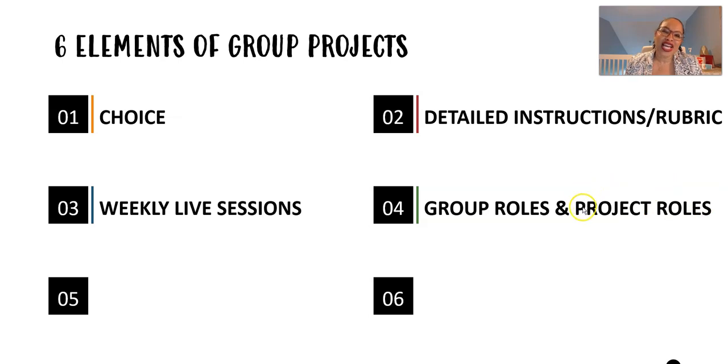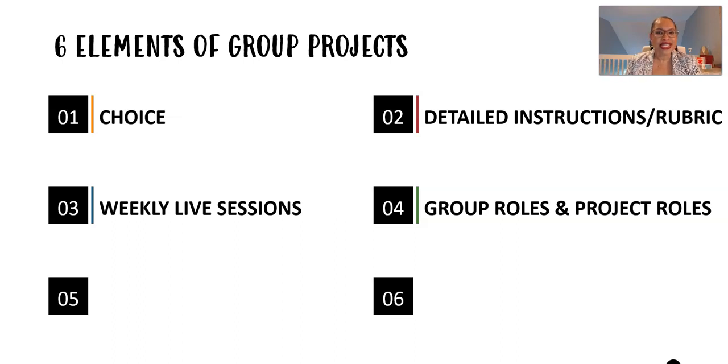But project roles are those roles that students have to fulfill in order for the project to get done. So think about it this way. You may be the vice president of an organization, but then your organization has smaller committees within it. So your organization might have an outreach committee, and you might be the chair of the outreach committee as well.